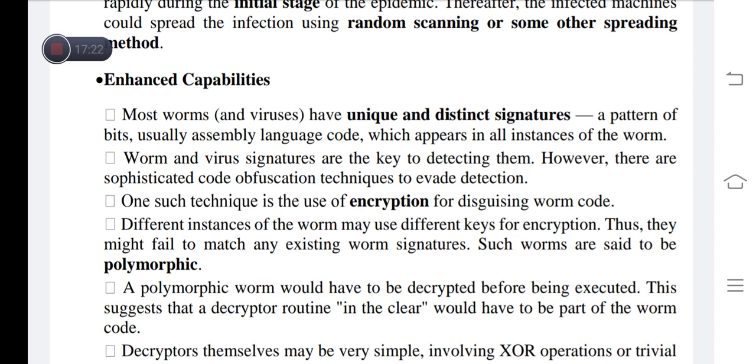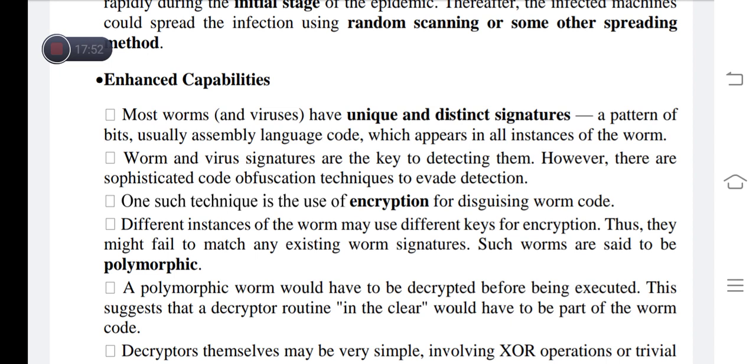One such technique is the usage of encryption for disguising the worm code. Here, different instances of the worm may use different keys for encryption, therefore they may fail to match any existing worm signatures.